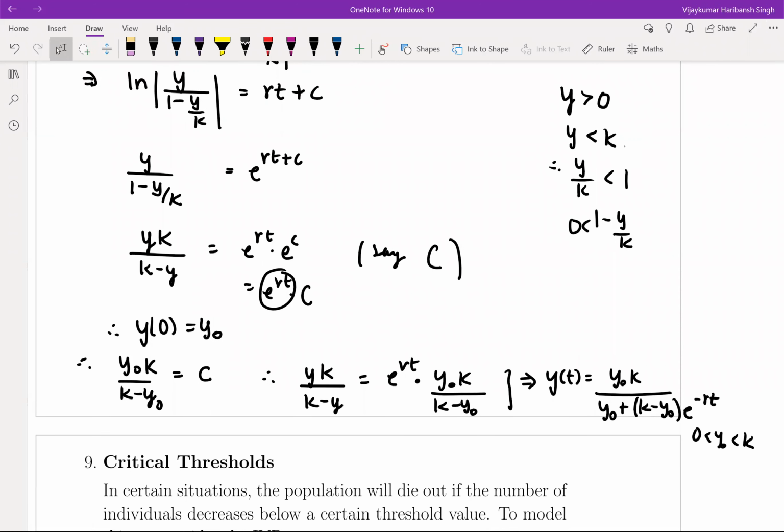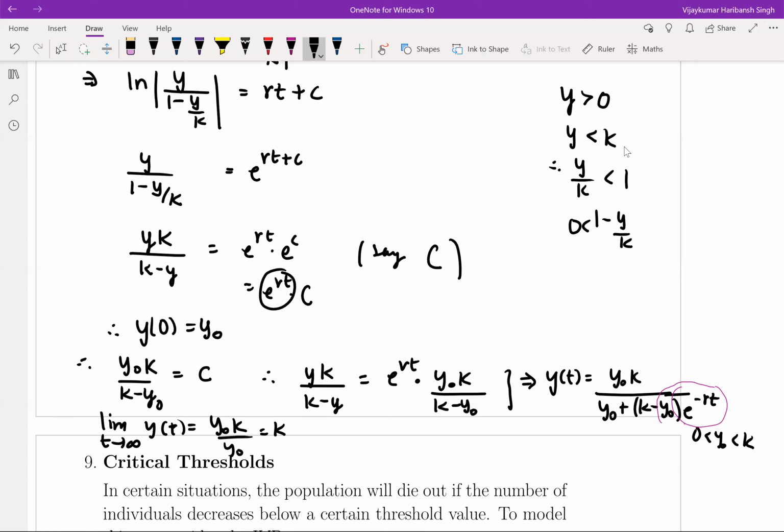So now let's see, is it a valid solution? The limit as t goes to infinity of y of t: if you take t to infinity of this, it's the same as taking t to infinity of this part. So this will become 0 as t goes to infinity. So you'll have y0k divided by y0, which is k.